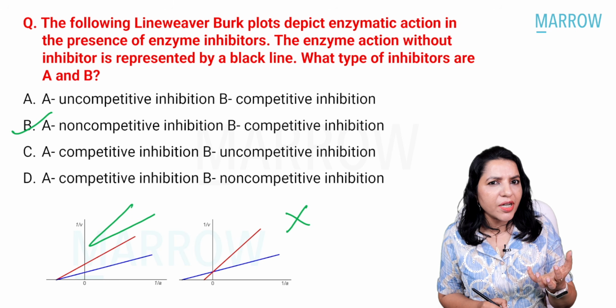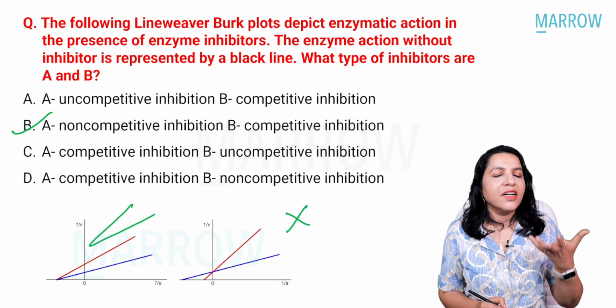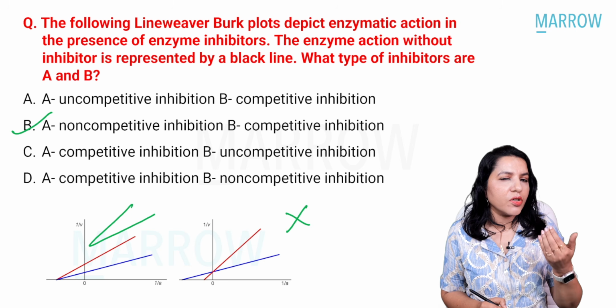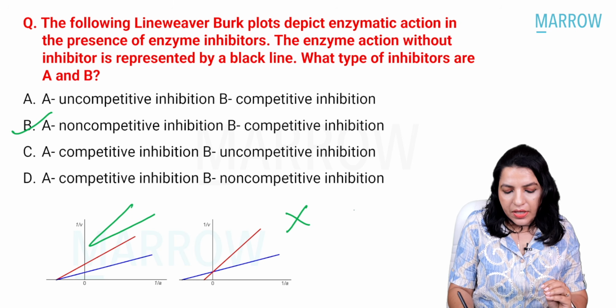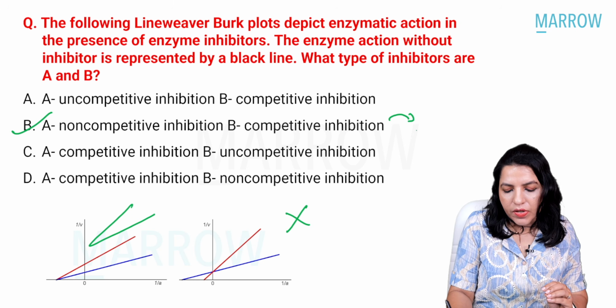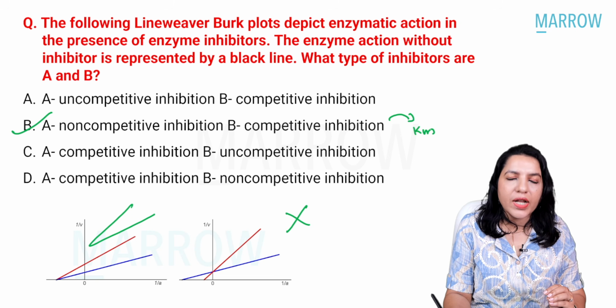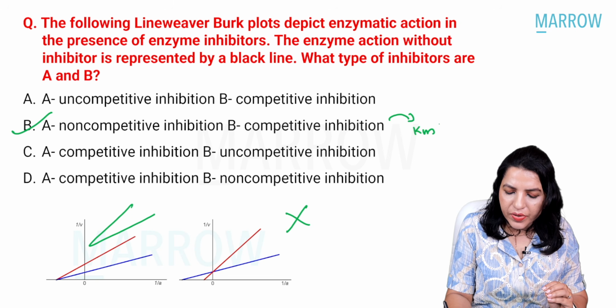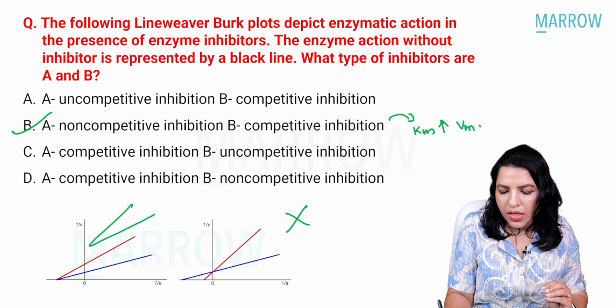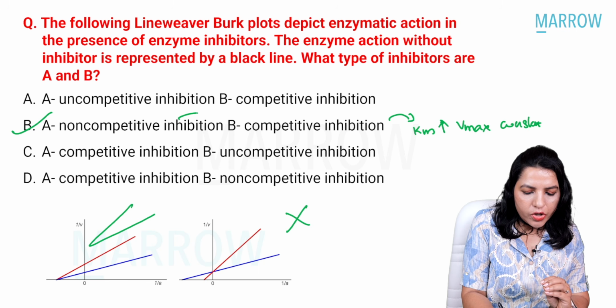And if you remember about the kinetic parameters, what about competitive inhibition? In competitive inhibition, we know that the Km value is increased, whereas Vmax is constant. Then what about non-competitive inhibition?